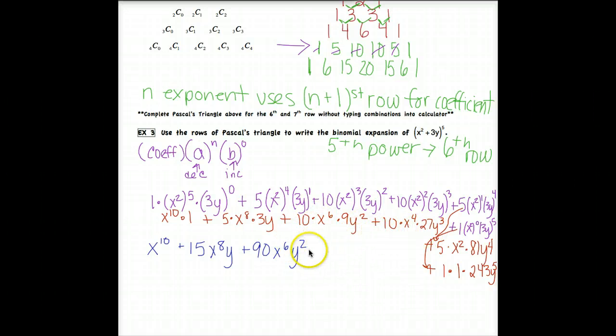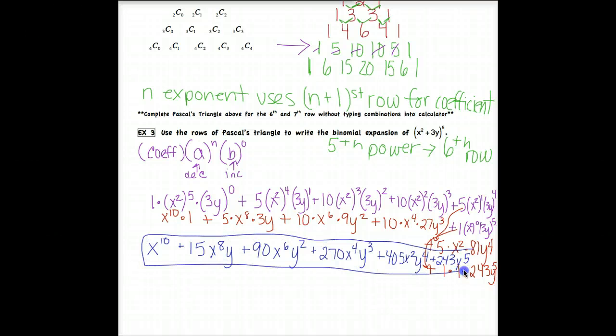And over here, let's see, I've got 270 x to the 4th y cubed. Over here, 5 times 81 on the coefficients, which is 405. So 405, and then I've got x squared y to the 4th. And then finally, that's just my 243 y to the 5th. And that lovely thing is my answer.